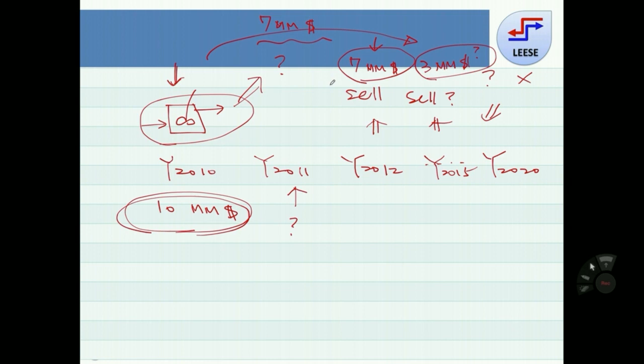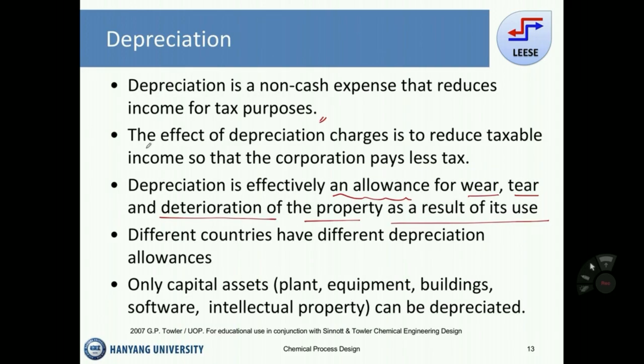So that will be compensated in a tax arrangement. That is called depreciation. Depreciation is a non-cash expense that reduces income for tax purposes. Okay? So we are cutting down the tax by considering depreciation.